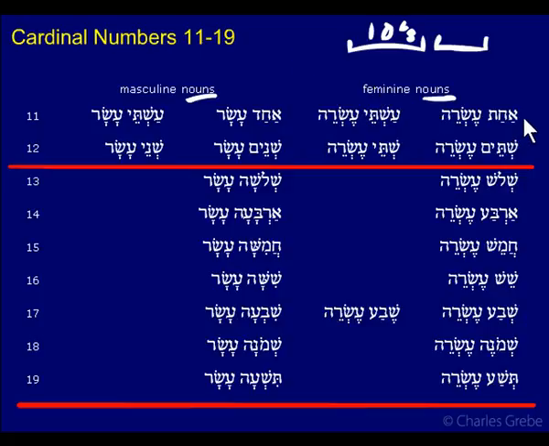If it's feminine, then we use feminine forms for these two, and masculine for these because of the gender flip. Now there may be some slight alterations from the forms we've seen before, but they're very close. So, achat esrei is 11, shtei esrei is 12, then we go to shalosh esrei, so it's 13, masculine now.